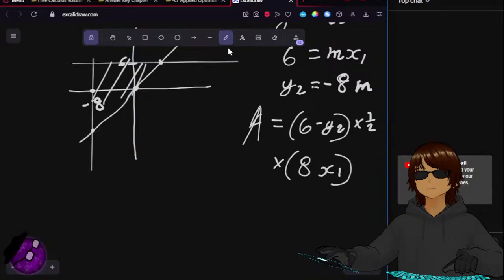No, I'm adding 8 plus x1, and then over here 6 minus y2, minus because y2 would be negative.